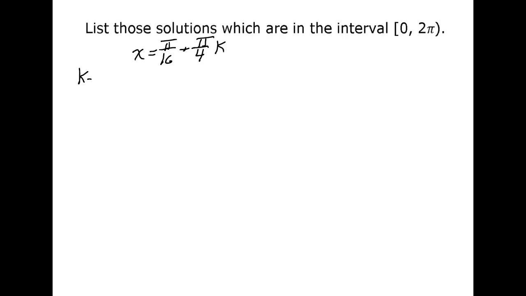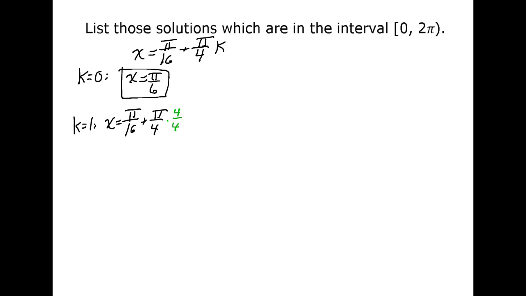So we have k equals 0 to start, so that just gives us our pi over 16. Then we could have k equals 1, so x would be pi over 16 plus pi over 4 times 1, and we get a common denominator there. So pi over 16 plus 4 pi over 16, or 5 pi over 16.